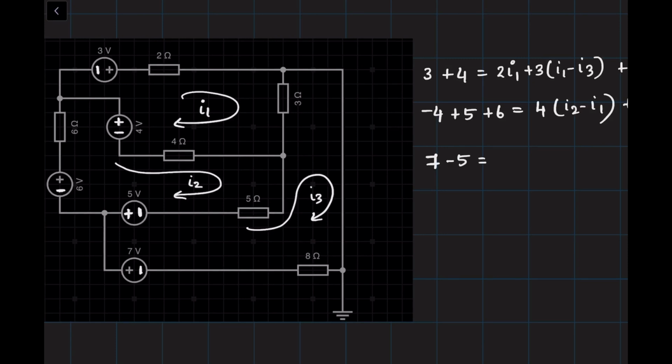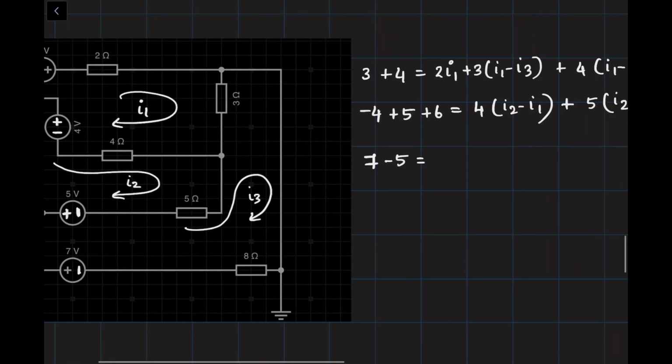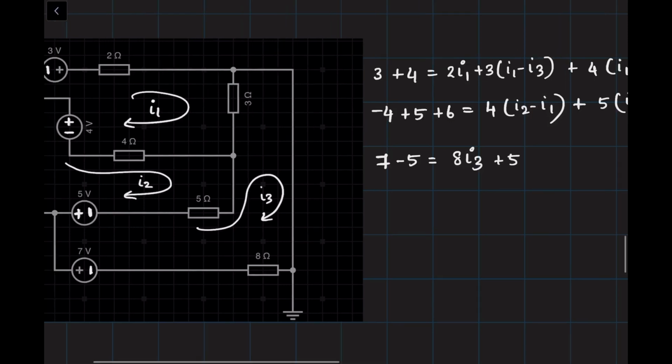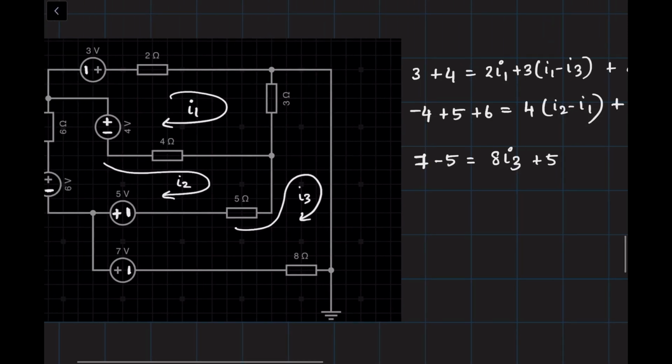equals resistor terms. If you take the first resistor as 8 ohm, then it will be 8 times I3, because the only current flowing through 8 ohms is I3. If you take 5 ohms, then 5 times, the current flowing through it will be I3 minus I2, because I2 is opposing from loop 2.